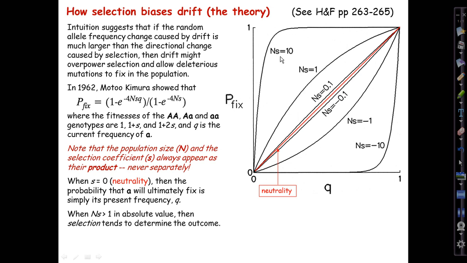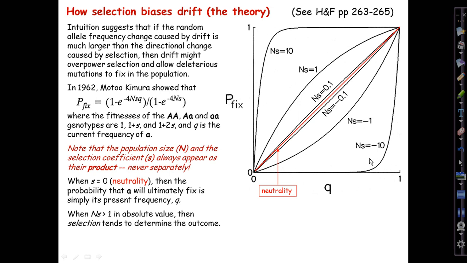If N times S is a number like 10, then the little a allele is favored, and once it gets to any substantial allele frequency, let's say 10%, its probability of fixing is something like 90% or greater, right? So once it's into the population, it's basically got it. It's going to go to fixation, almost certainly.